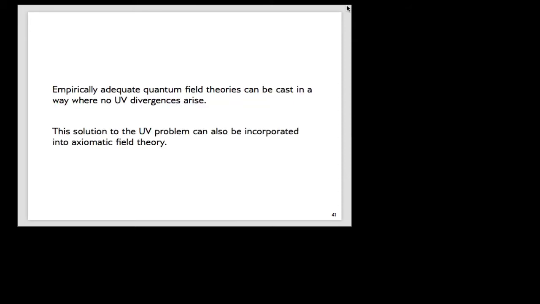So something that I've argued is that, in fact, if you produce this analysis, then what you find is that empirically adequate quantum field theories can be cast in a way where these ultraviolet divergences don't arise at all. And moreover, you can take this solution to the ultraviolet problem for perturbative field theory and directly incorporate it into axiomatic treatments of the theory.